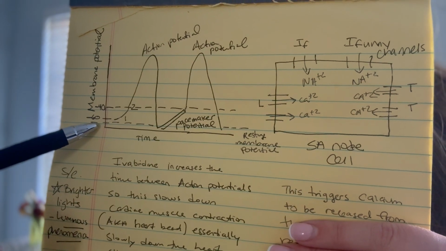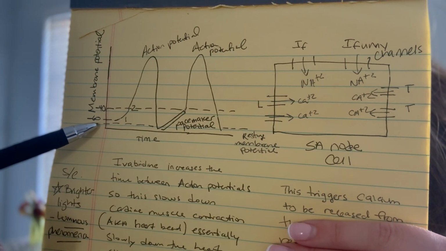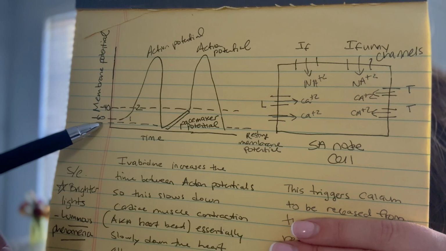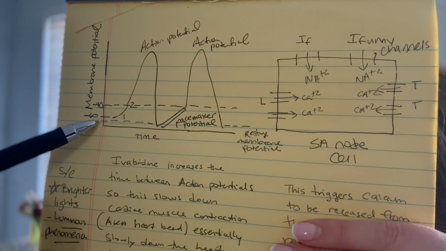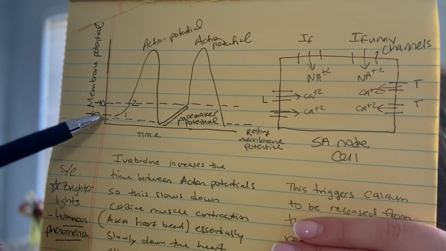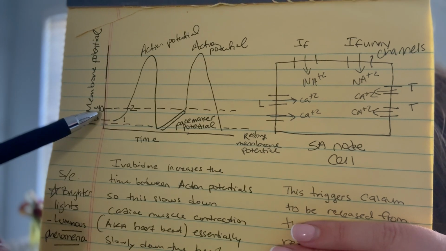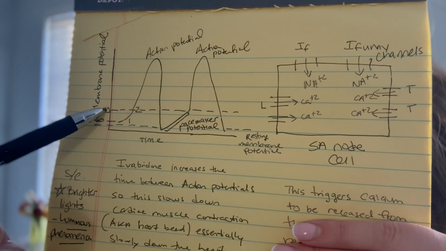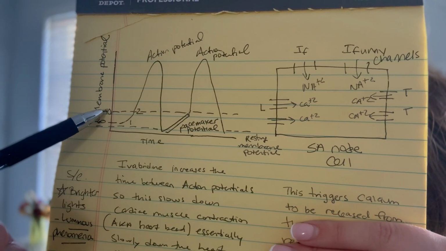When the sodium channels open, your membrane is down here, let's say at -60, and then as the sodium flows in, the membrane becomes more positive, at about -50 or so.